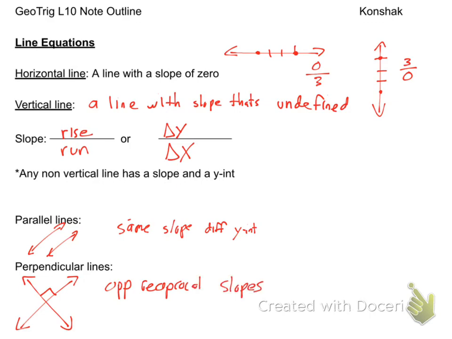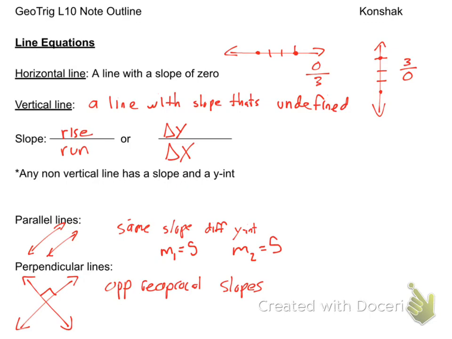Opposite reciprocal slopes. If we go back to parallel, if the slope of line 1 is 5, so m1 is 5, and the lines are parallel, then slope 2 will be 5, because they are the same.